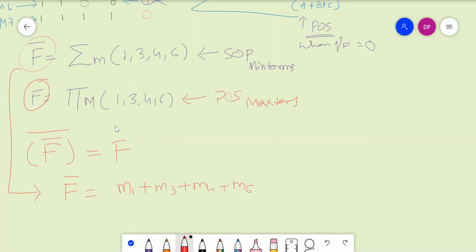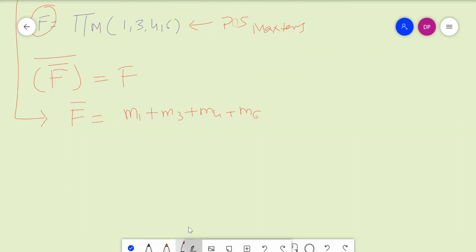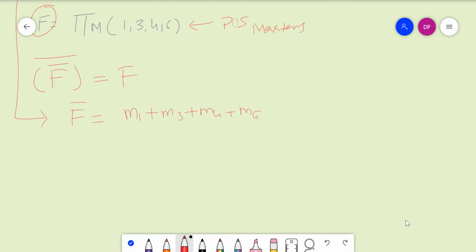What does m1 mean? m1 means small m1. This is equal to A bar dot B bar dot C.